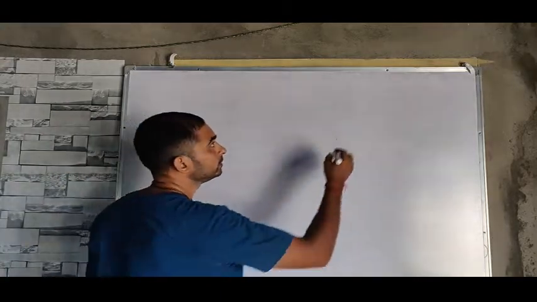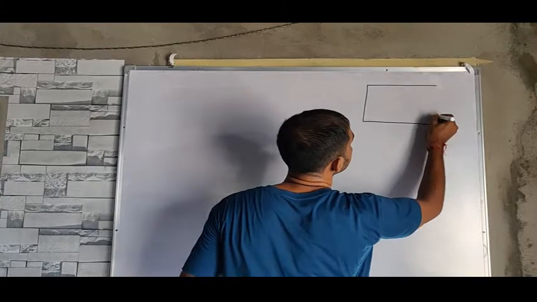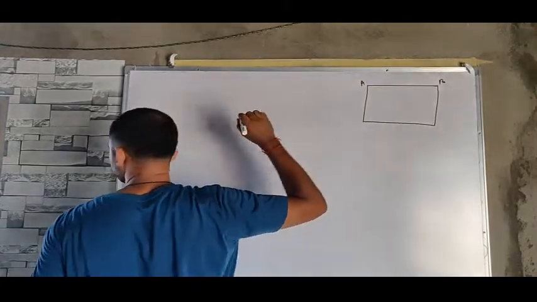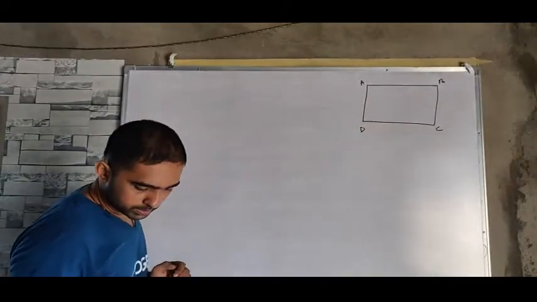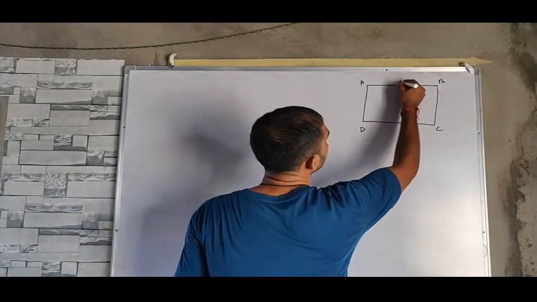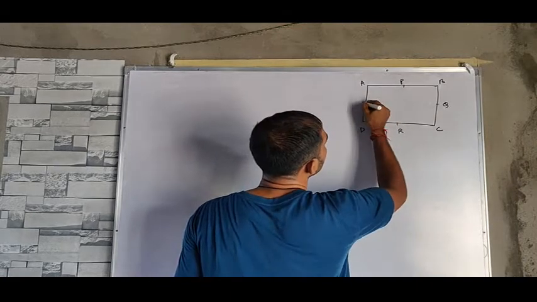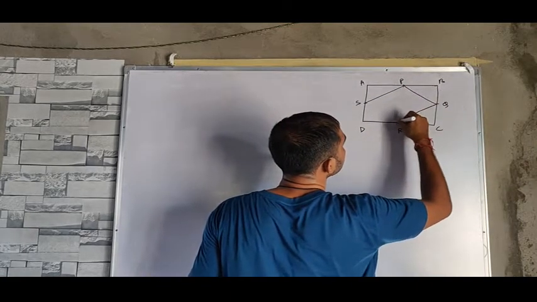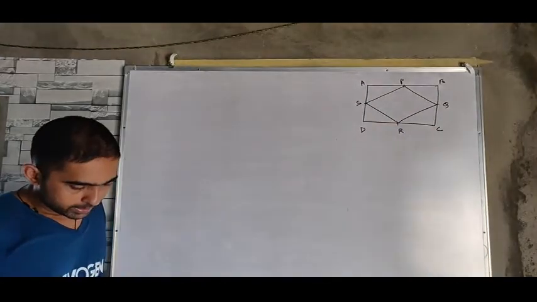So here first of all, we will draw a rectangle. ABCD is a rectangle where P, Q, R and S are the midpoints of the sides AB, BC, CD and DA.